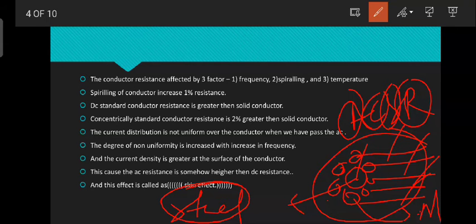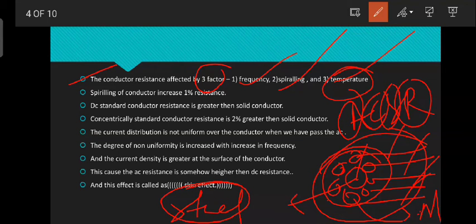The conductor resistance is affected by three factors: one is frequency, another is spiraling, and another is temperature. Frequency will affect the resistance, and the spiraling of the conductor also affects the resistance.